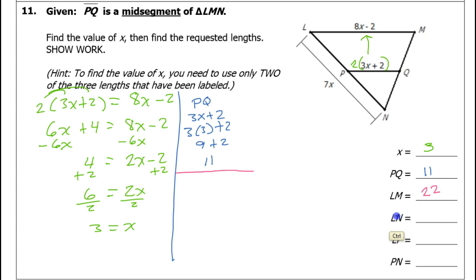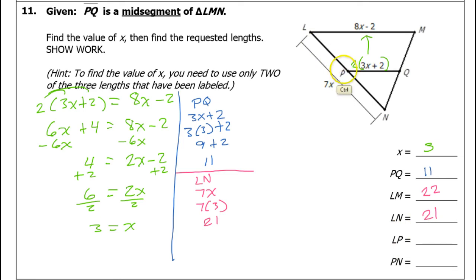Alright, what about LN? LN is this whole side. LN is 7x. But I know that x is 3, so that's 7 times 3, which of course is 21. So LN is 21. What about LP?